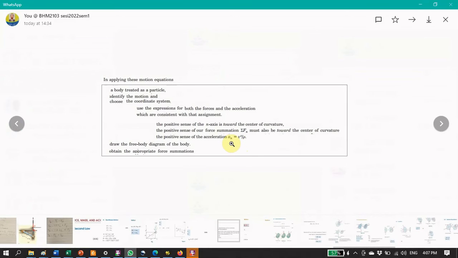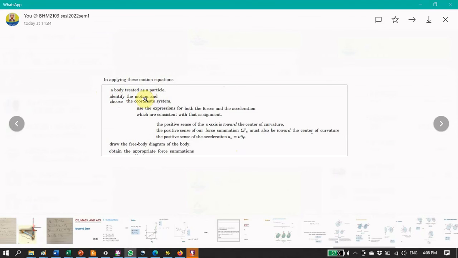Right. So this is the conclusion that Professor Merriam had concluded from this topic. If you want to apply the equation of motion, we want to solve the equation of motion. First, we have to model the problem as a particle. Next, we have to identify the motion.